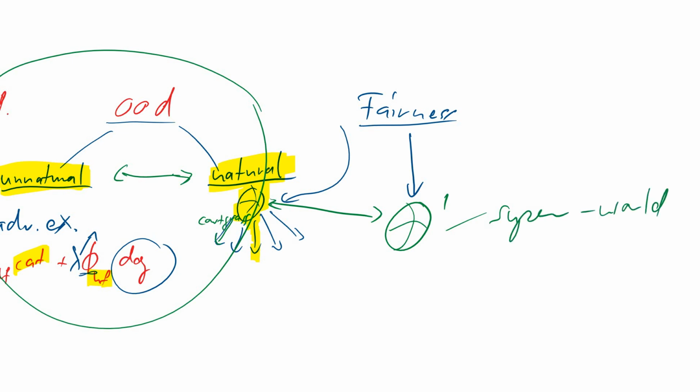So actually for the fairness literature, it doesn't really matter if in the real world, let's say, two groups of people are equal in some respect or not equal in the true world, right? What they care about is that they are treated equally by the system, right? So they will impose some restrictions or some condition on their model.